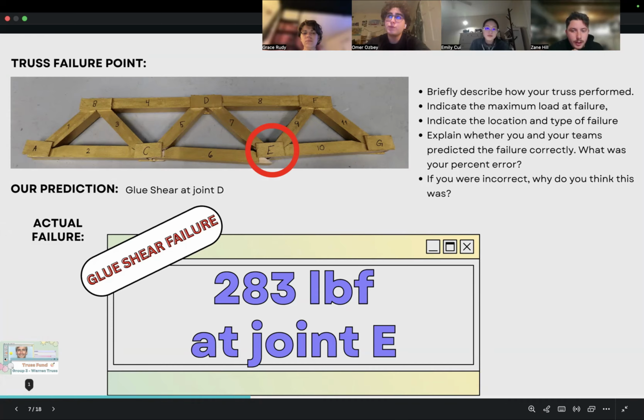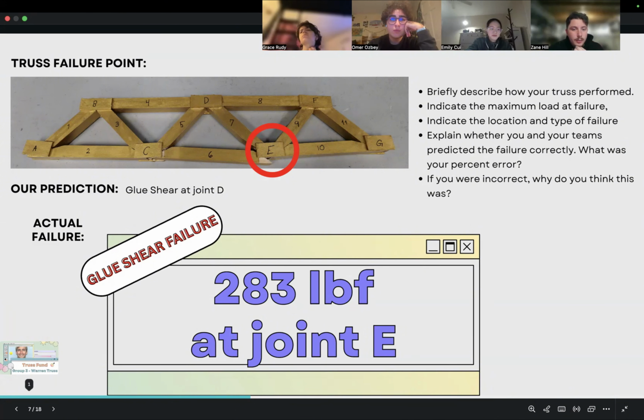Obviously, our prediction was not correct. We had the right set of sections we chose when we were calculating, we knew it was going to be between joints D, E, and F. It just happened to be joint D when we were solving.